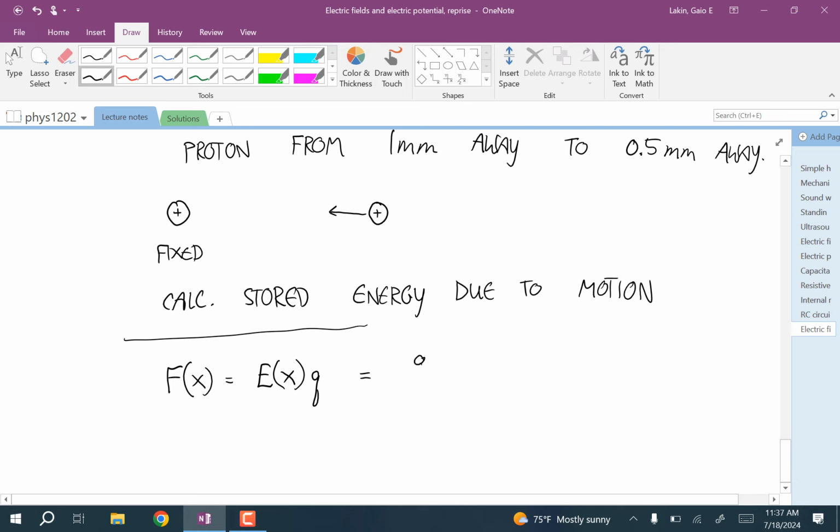And so this is 8.99 times 10 to the 9th times the absolute value of the fixed charge, divided by the distance squared, that's x squared in this case, and then multiplied by the charge that we're moving around, so that's 1.602 times 10 to the minus 19.